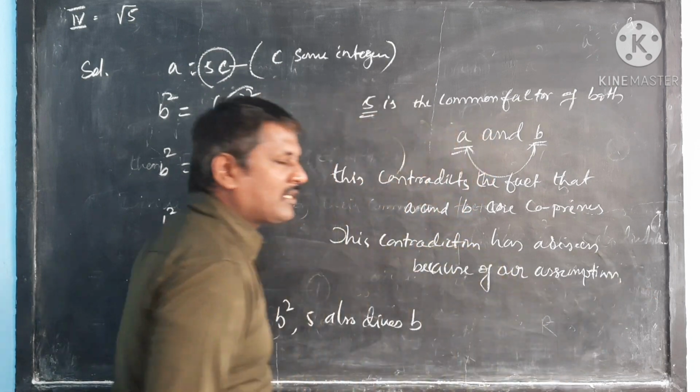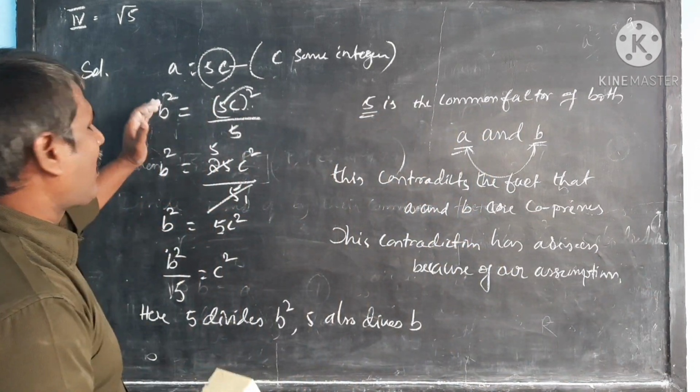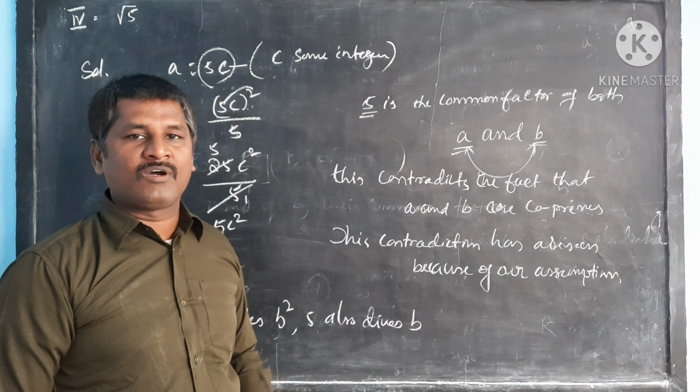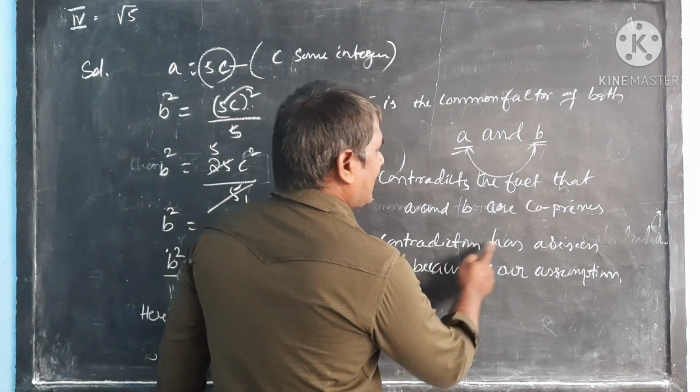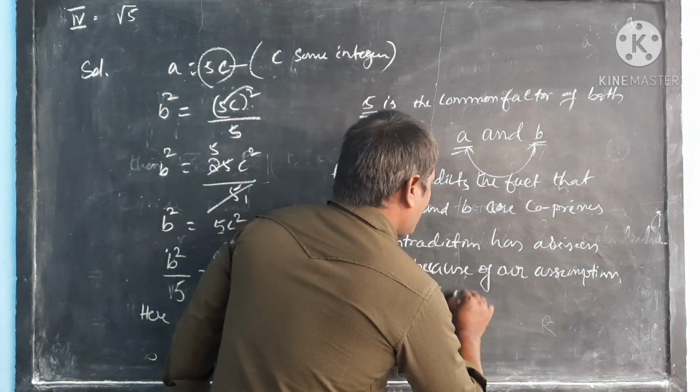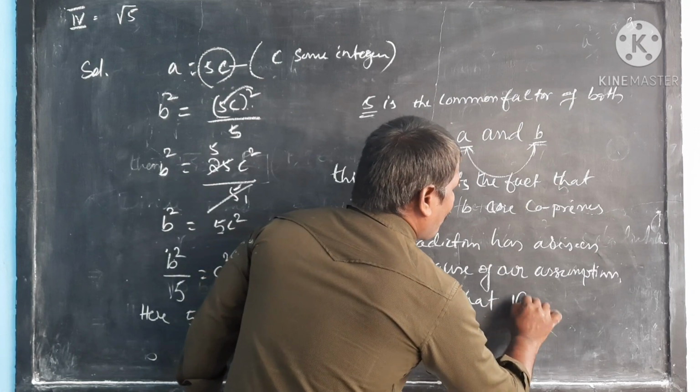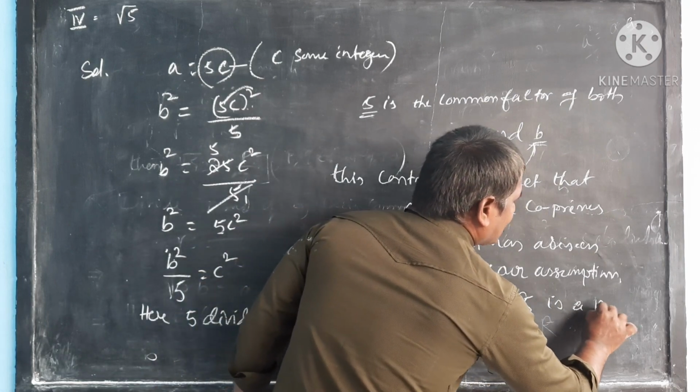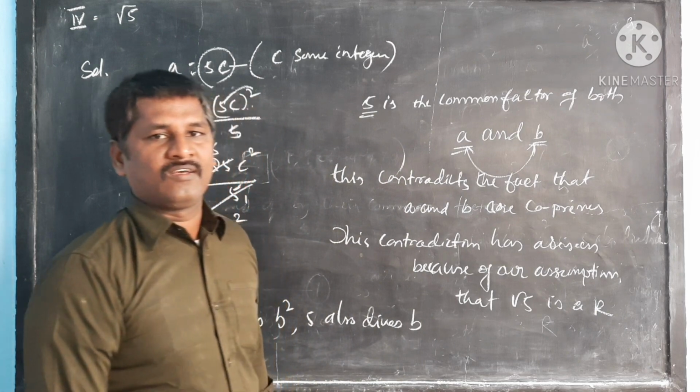So what is our assumption? Our assumption is that root 5 is a rational number.